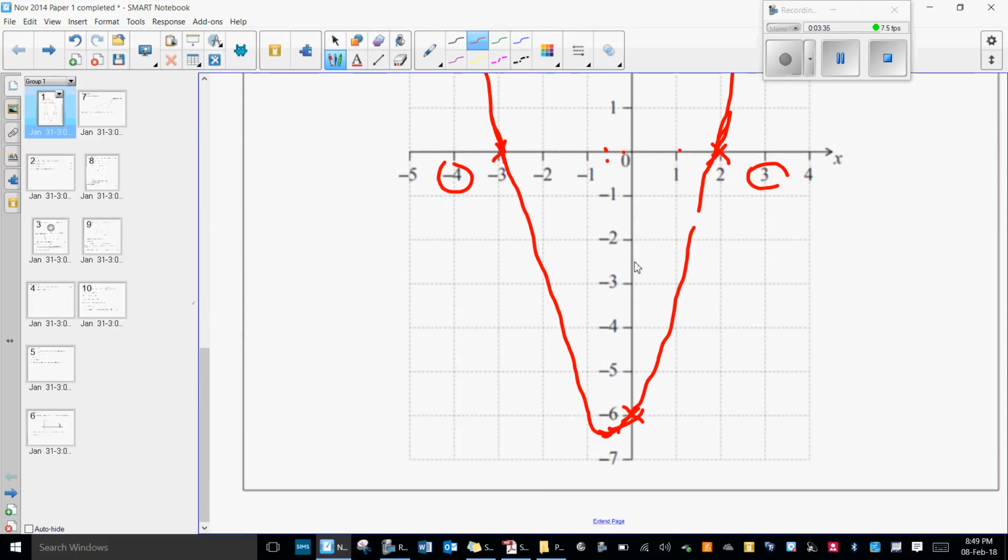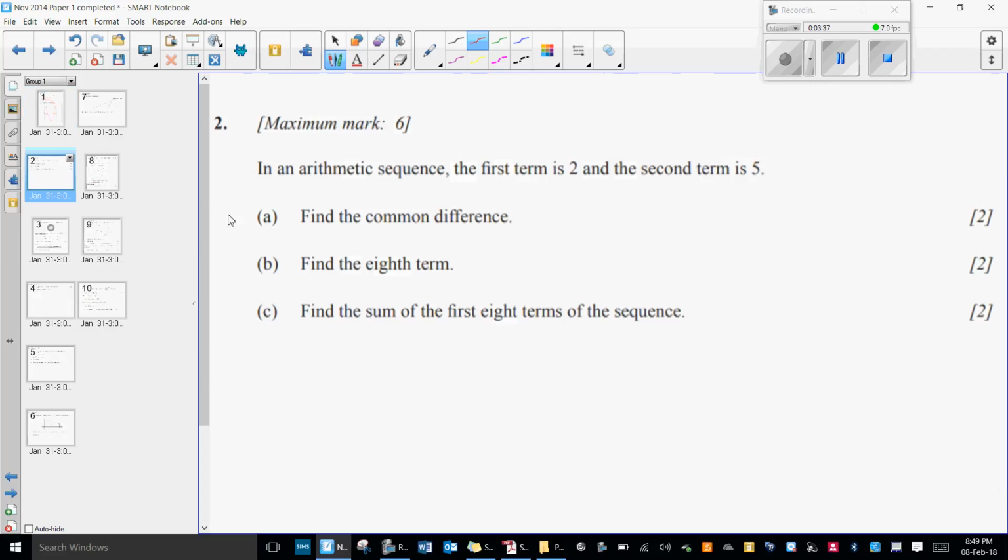Okay, an arithmetic sequence, first term is 2, second term is 5, find the common difference. So that's just 5 take away 2, just 3. Find U8. Okay, go into our formula booklet.